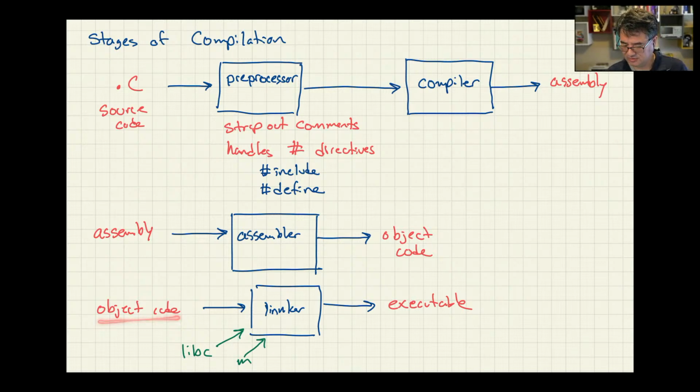Your object code then goes through the linker, and the linker's job is to construct a complete working executable. So at that point, it brings in the standard C library, and it also brings in any other libraries that you have listed on the command line, and it brings them all together, and then it makes your final working executable out of that.